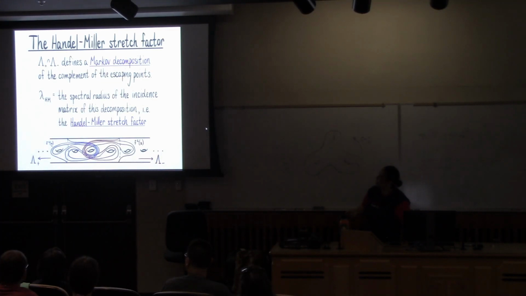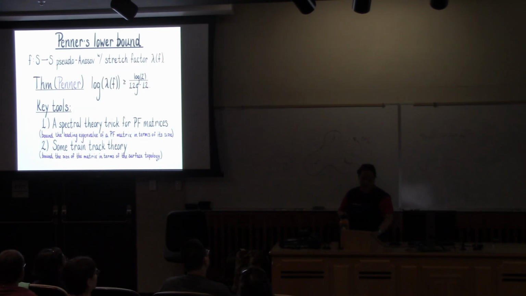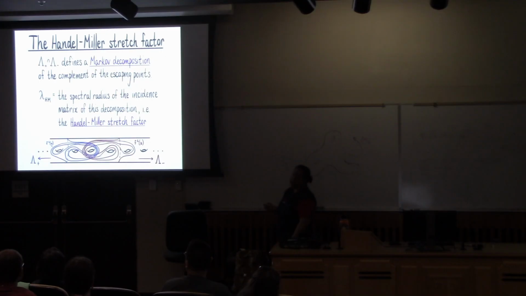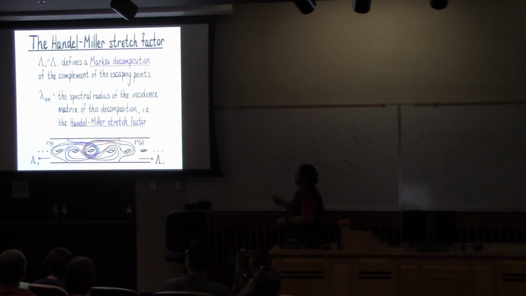And so what I want to do is see which of these facts about the stretch factor for pseudo-Anosovs we can recover for n-periodic stretch factors now. Okay? So again, just a reminder of what this is: this is the leading eigenvalue of this Markov decomposition that we get in the complement of the escaping point.